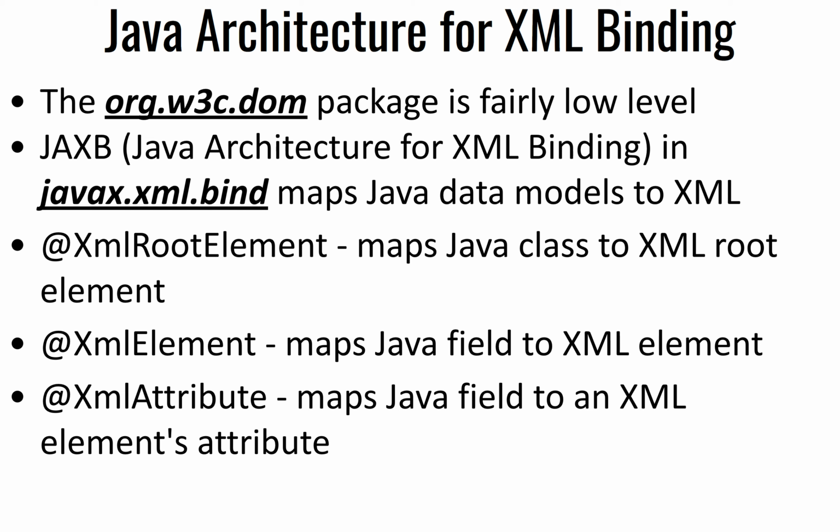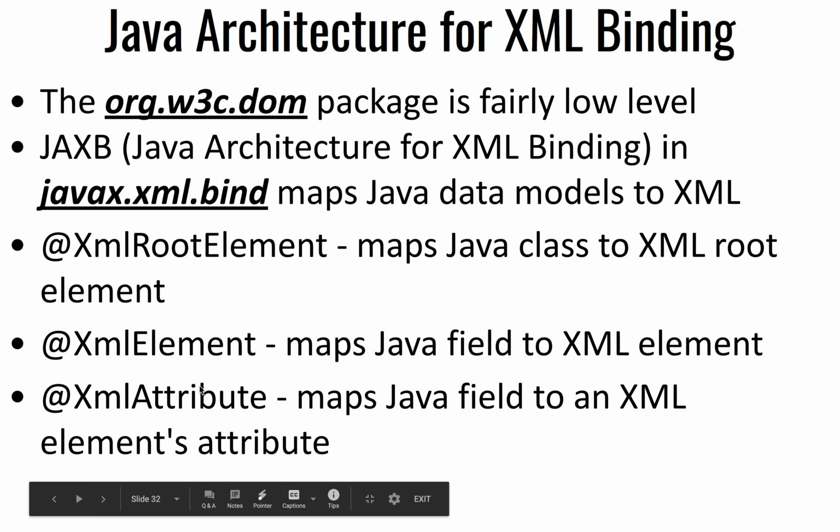In JPA, we used entity annotations such as @Entity, @Table, @Id, @GeneratedValue, and so on. That allowed us to map all these fields in the relational database to fields in the Java class. Similarly here, we can annotate the root element as @XmlRootElement, and then each one of the Java fields we can annotate as either elements or attributes.